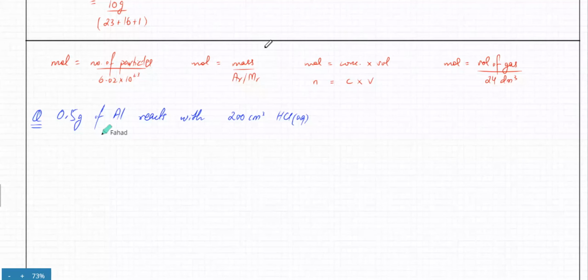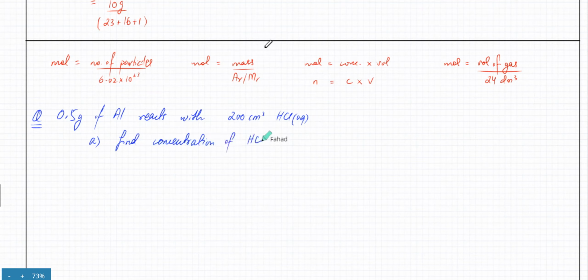अब इसमें के part A, find concentration of HCl. Part B, find mass of salt that is produced.